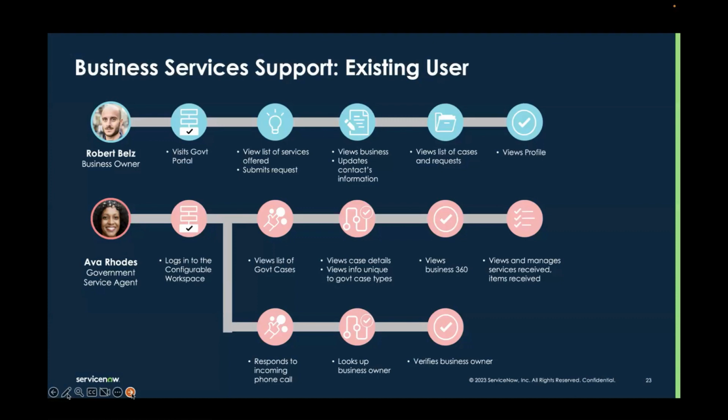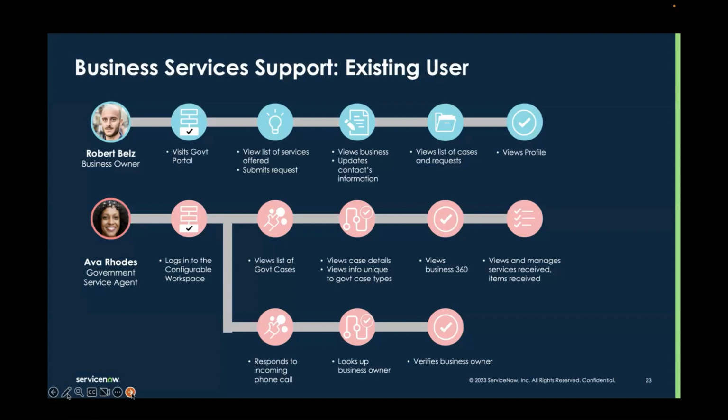So we'll get to see that through Ava Rose as well. Similar to kind of what we saw in Ryan's flows, we'll also see how an agent can respond to a phone call and then look up and verify the business owner, assuming that a phone call had been made. So we'll get to see both here.